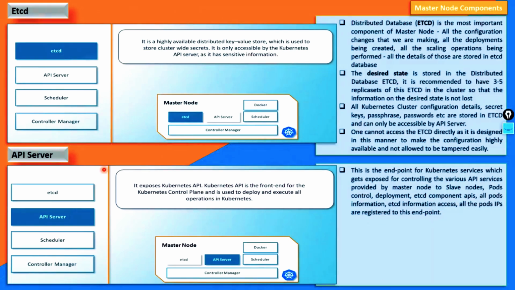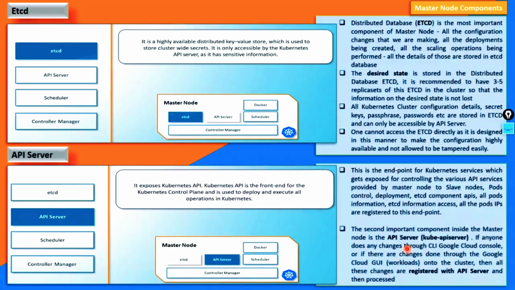So all the rivers come to this ocean. I can say this is the second most important component inside the master node. If anyone does any changes through the CLI, Google Cloud Console, or through the Google Cloud GUI workloads onto the cluster, then all these changes are registered with the API server.